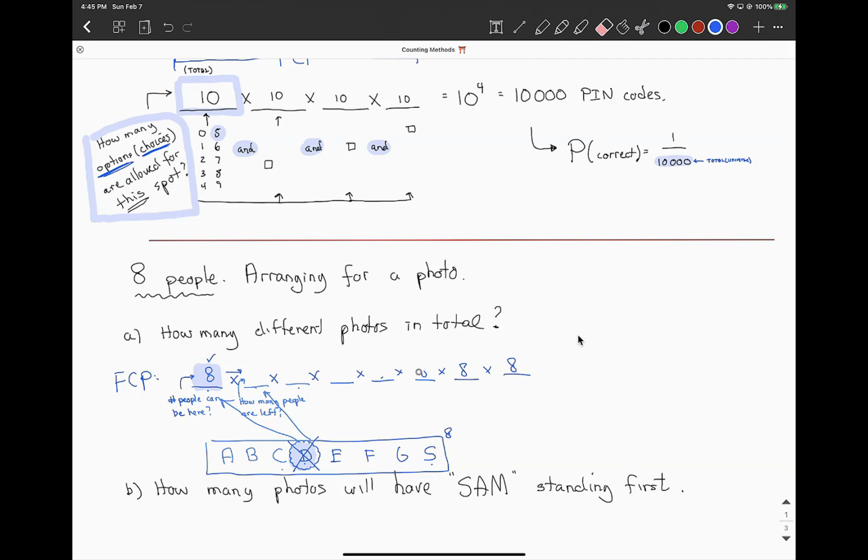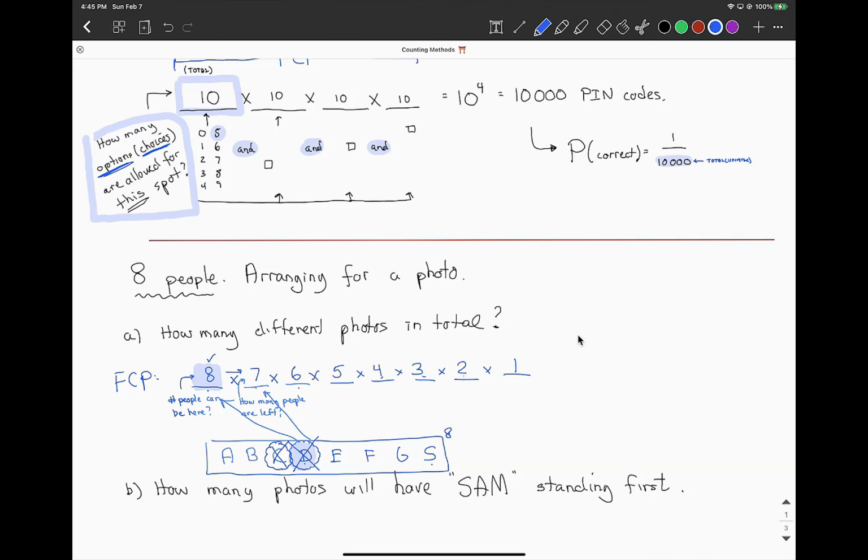We start counting down through this progression here. There would only be 7 people left at that time. And then if someone else decided to stand there, I'm only down to 6. And then I'm only down to 5 and 4 and 3 and 2 and 1.